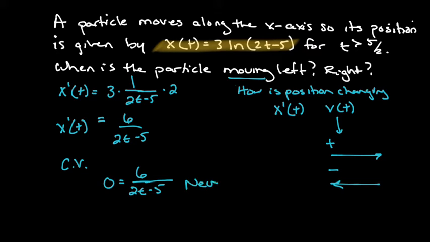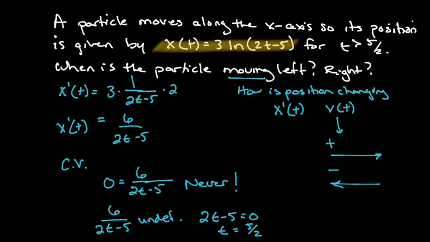But we could also have an undefined derivative, because we can change from positive to negative at undefined spots, where critical values also occur. What would cause that? If 2t minus 5 equals 0, which leads us to t equals 5 halves. So I have one critical value here.